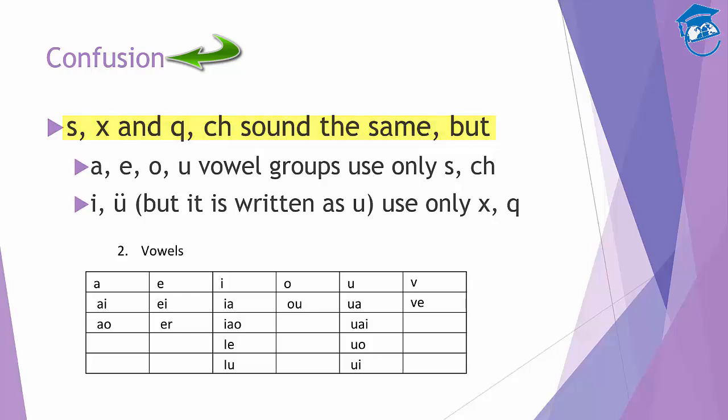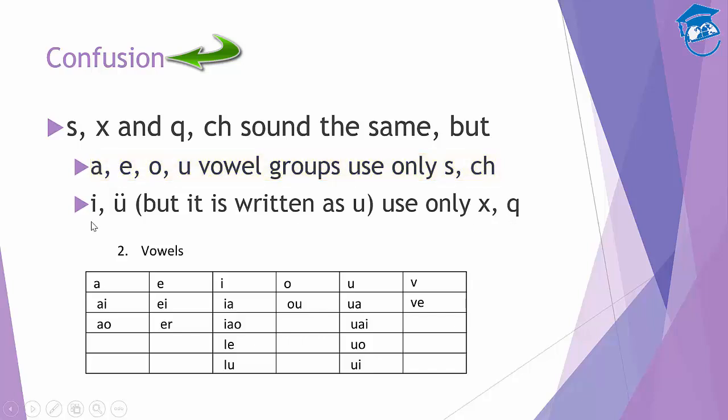So if you look at here, S and ch sound use only A, E, O, U vowel group. So whenever you hear the sound sa, it is SA but not XA. When you hear the sound chu, it refers to the CH sound here, CHU, chu, but not the other one here.